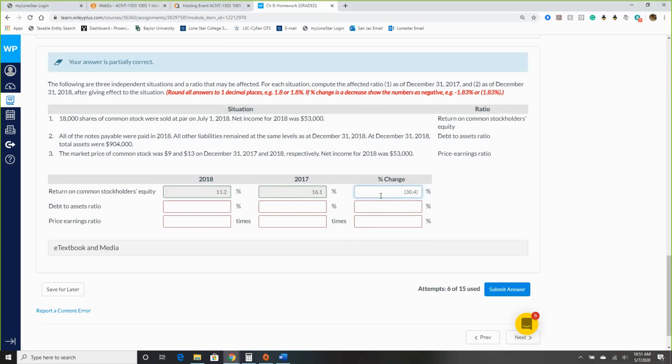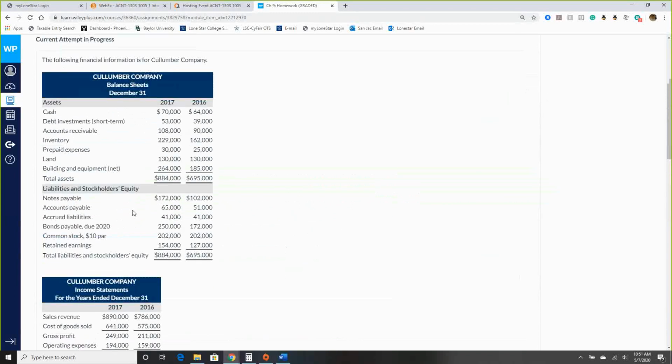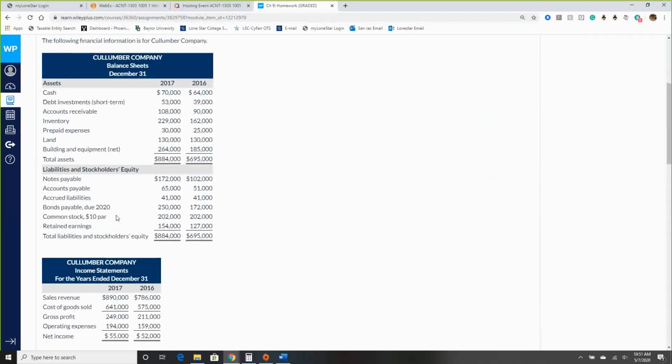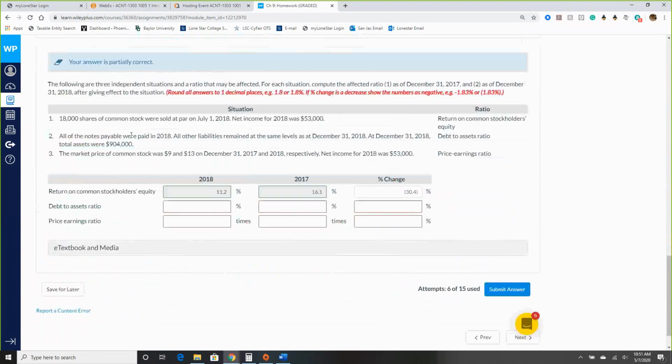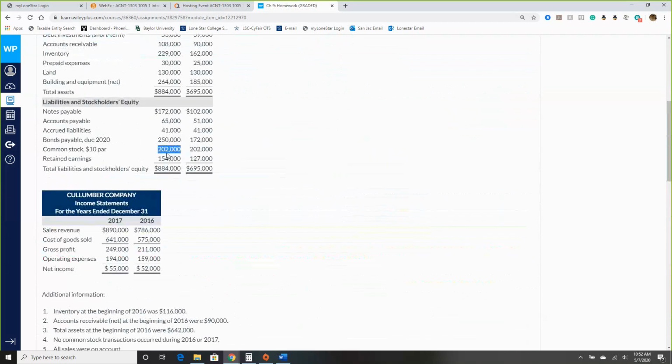So again, for 2018, we're going to have to figure out, one, how much common stock there is. Wherever your number is here, make sure you times it by $10, or whatever the par value is, and then add it to previous 2017.